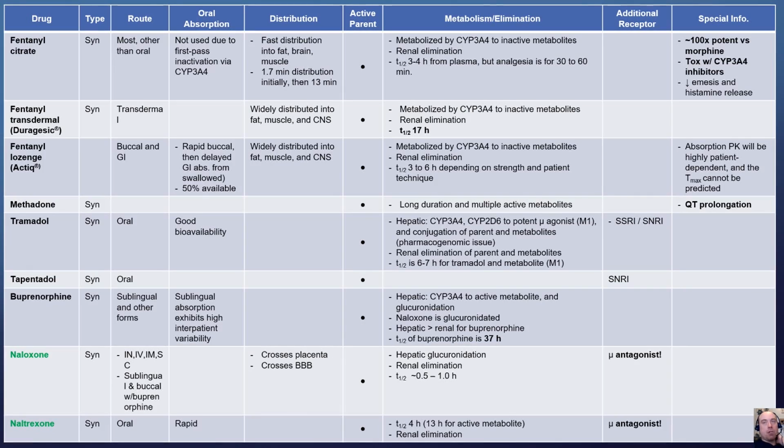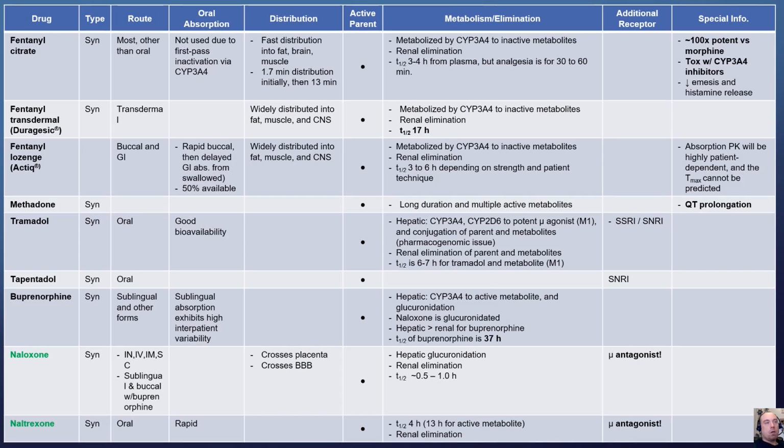Not going to mention anything there. Buprenorphine is one of the unique ones, really the only one I'm aware of that is a partial agonist. Okay, so that means it is going to activate opioid receptors, but if you give beyond a certain concentration or dose, it won't activate them any further.